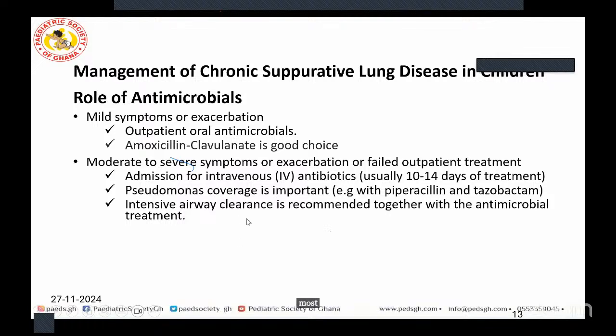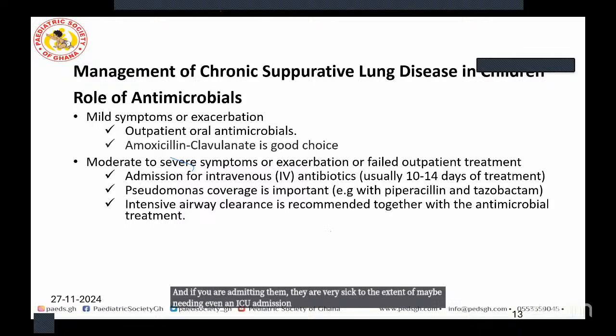The right protocol is probably to treat them for 10 to 14 days of IV antibiotics. And if they are very sick, to the extent of maybe needing even an ICU admission, then you should be thinking about Pseudomonas coverage. And Dr. Wadu did mention a case like that.